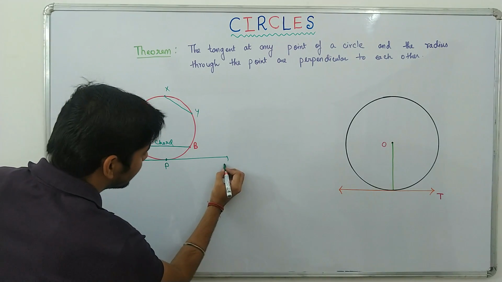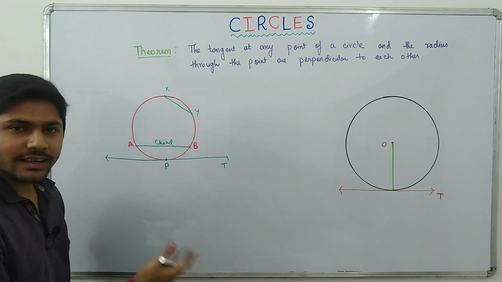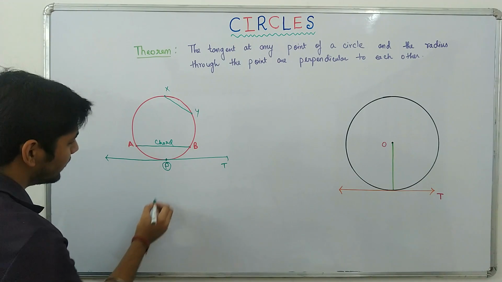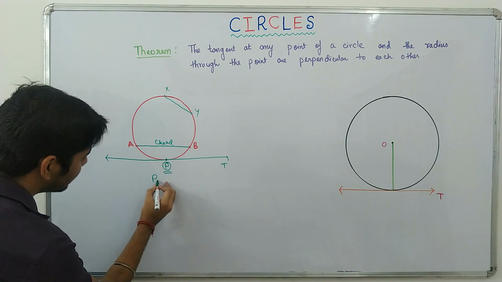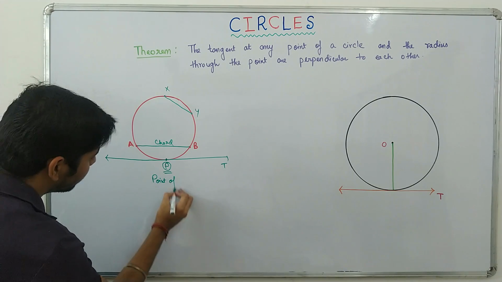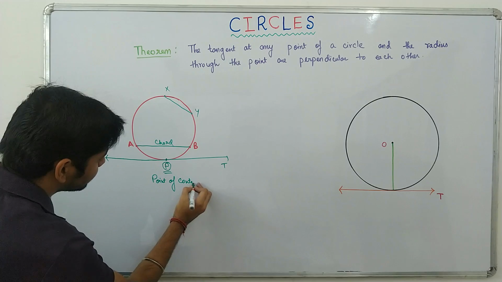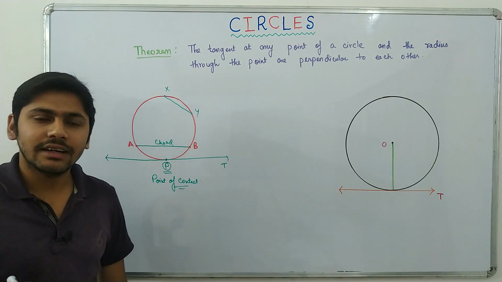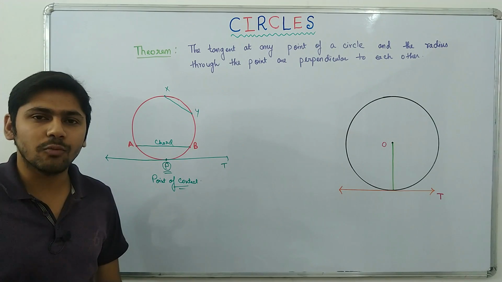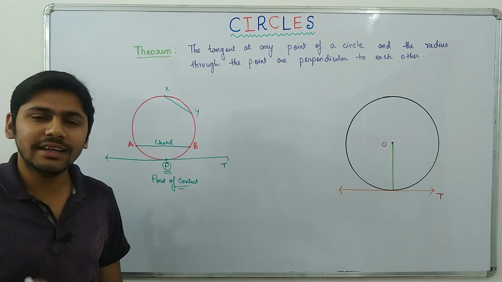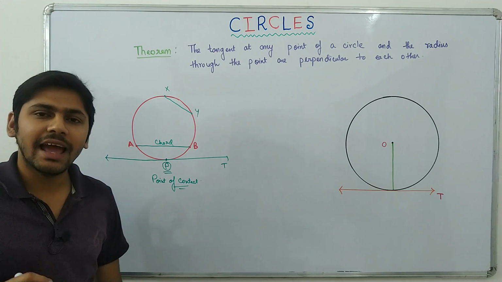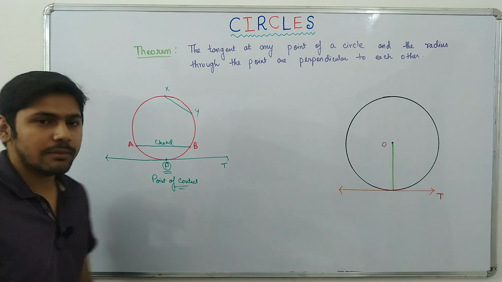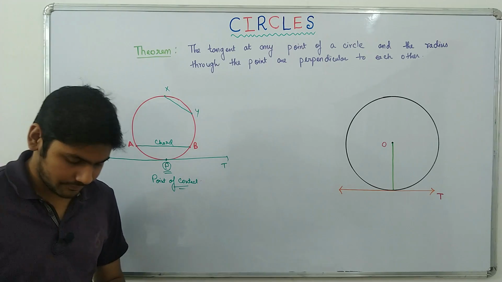Let's call the straight line as T. Then T is a tangent to the circle touching at point P. And this point P is called the point of contact. Now, a tangent does not touch a circle at more than 1 point. It only touches a circle at a single point, and that point is called the point of contact. So remember all these things properly.